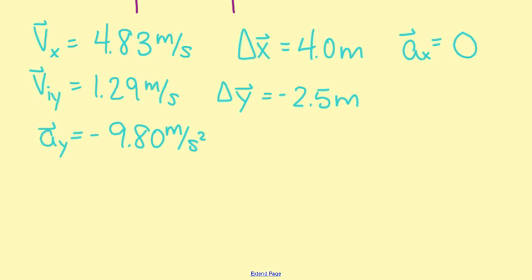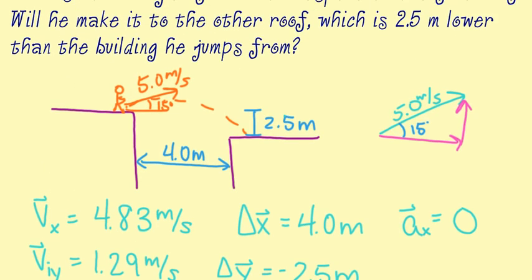Based on this information, we can calculate what we need to know. The problem is asking, will he make it to that roof, 2.5 meters lower? Well, to be able to calculate that, there's a bunch of things that we could do.